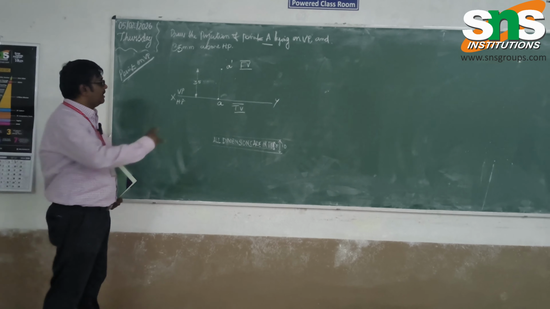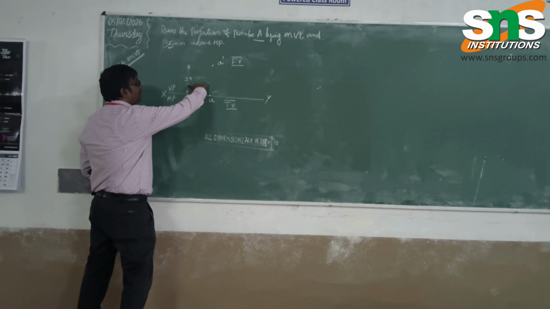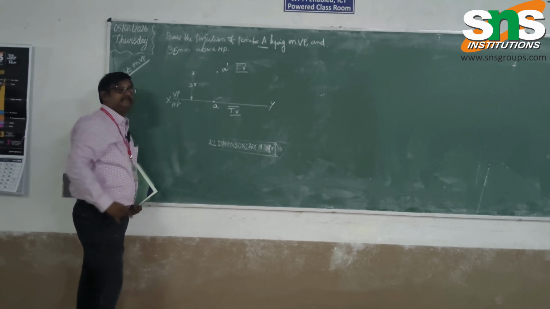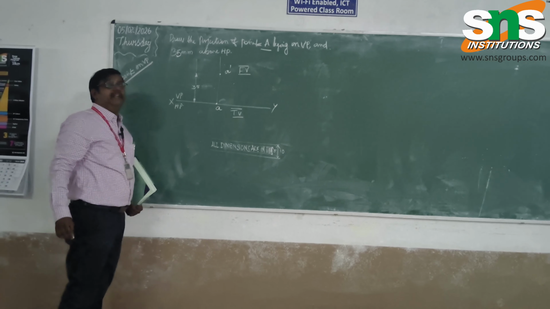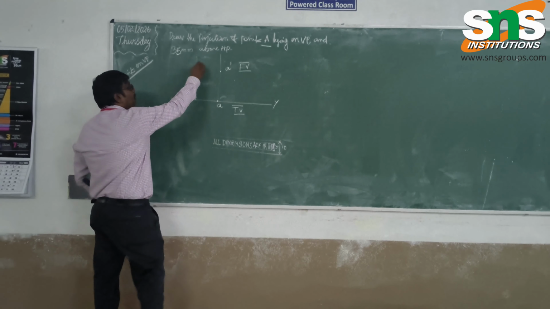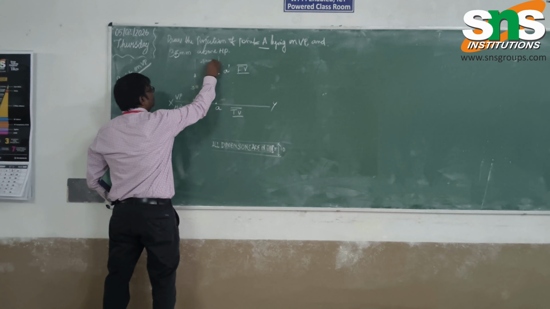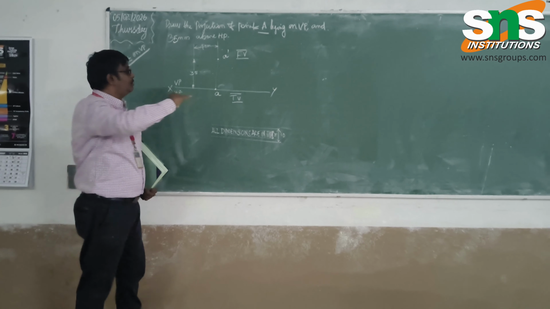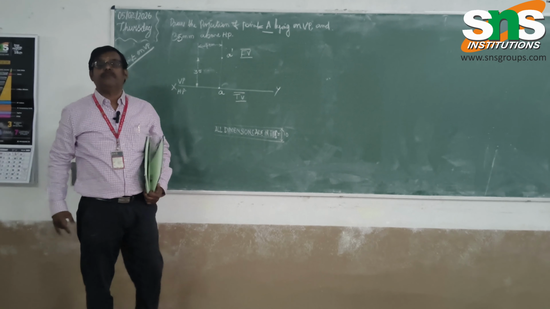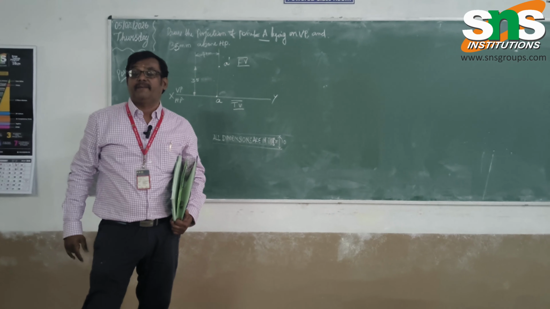There is another question. What is the distance between the dimension line and the projection line? What approximate value should we take for drawing legibility and neatness? We have to take a minimum of 40 millimeter between the projection line and the dimension line.